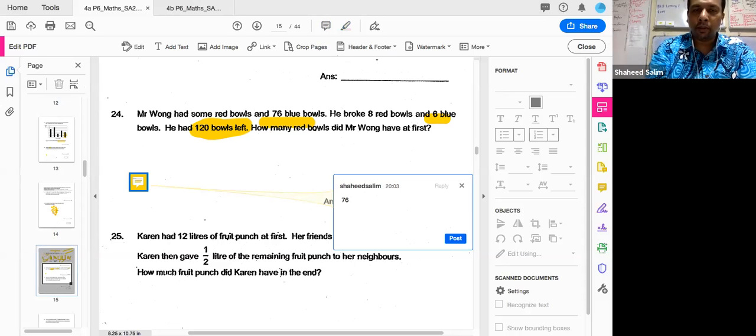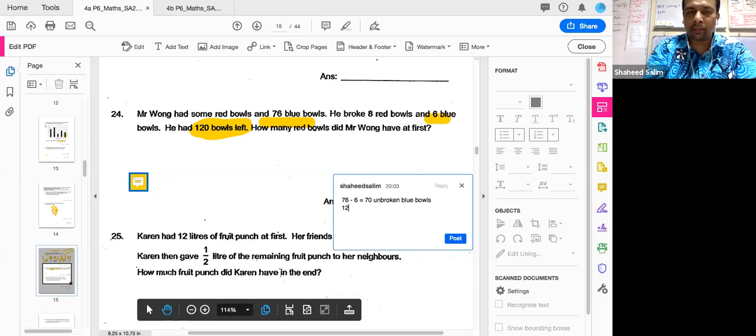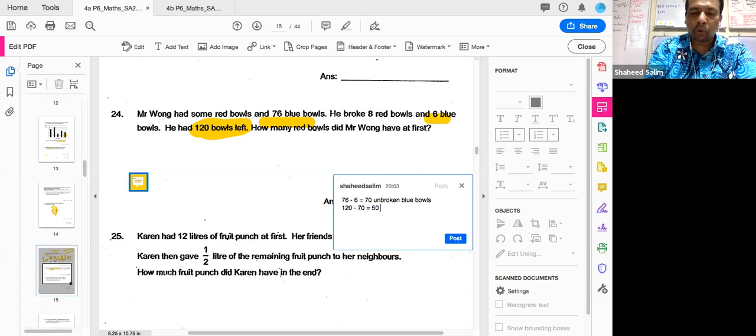Now the 120 is unbroken bowls, right? So you will take 120 minus 70, you get 50 unbroken red bowls. So you want to find total number of bowls, you must plus the broken bowls. 50 plus 8 equals 58 red bowls.